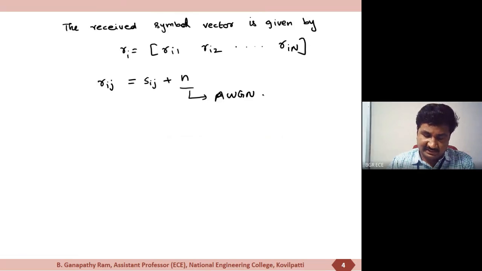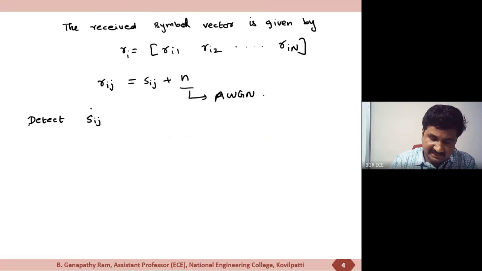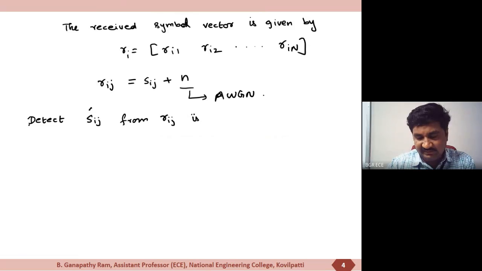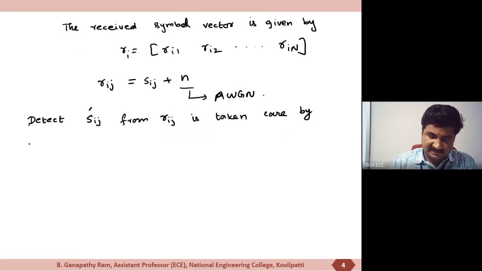Here, estimating or deducing Sij from Rij is taken care of by the maximum likelihood detector.